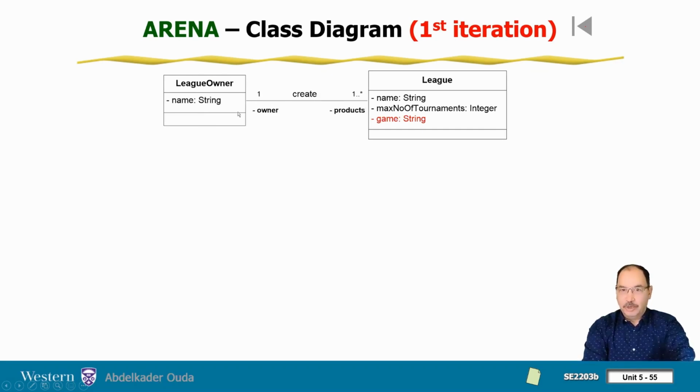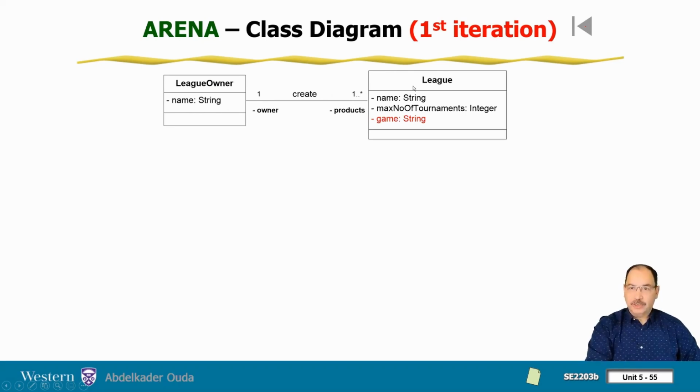That means we need to have an association relationship between these two classes. We say that the league owner creates multiple leagues, one or more. I call it here products. You can name it the way you like, as we just named maximum number of tournaments and games. Inside the league owner, we're going to have a field called products, and that field is simply a collection.